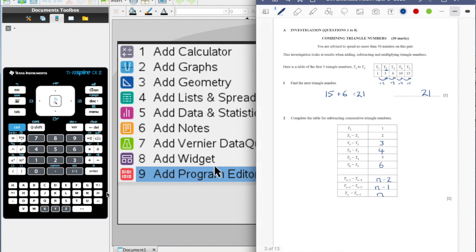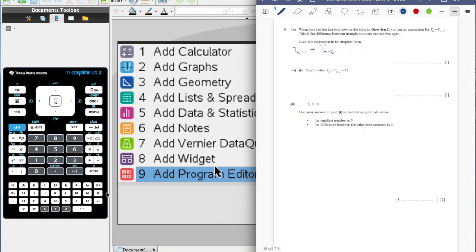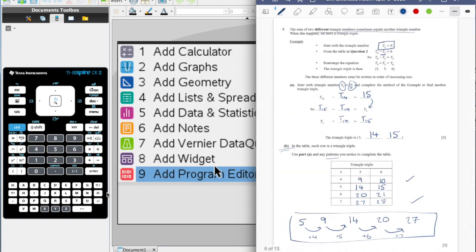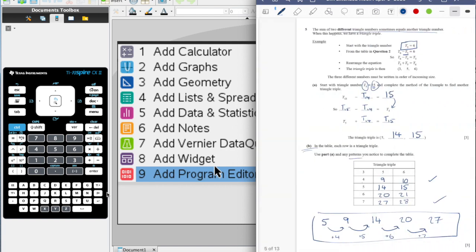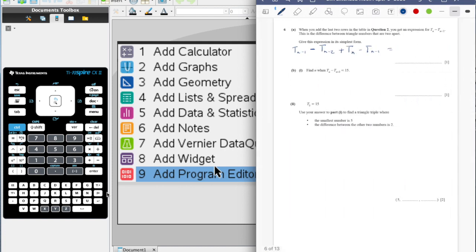And then that was this one here, I need to then add on this one, plus Tn minus 1, and that will equal these 2 things added together. That's a little bit easier. N plus n minus 1. So what have I got here?